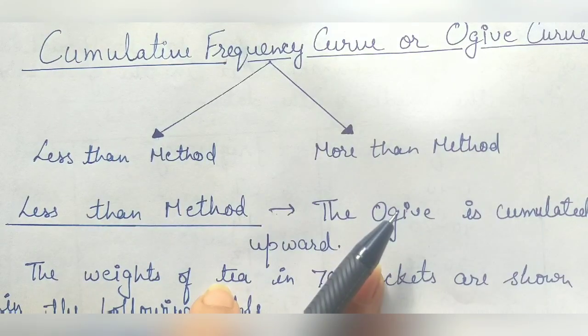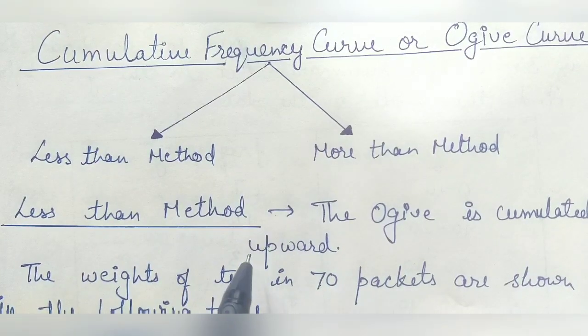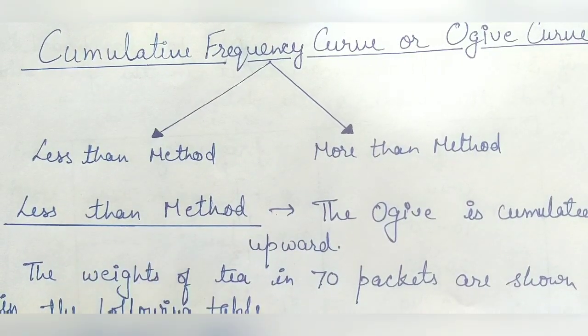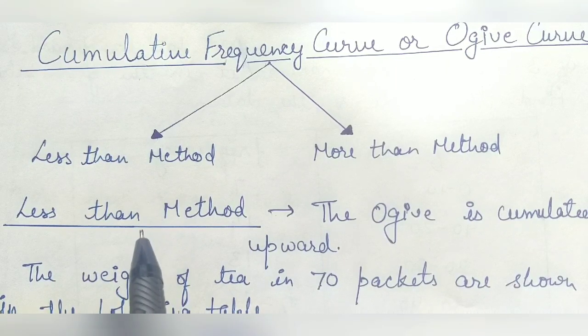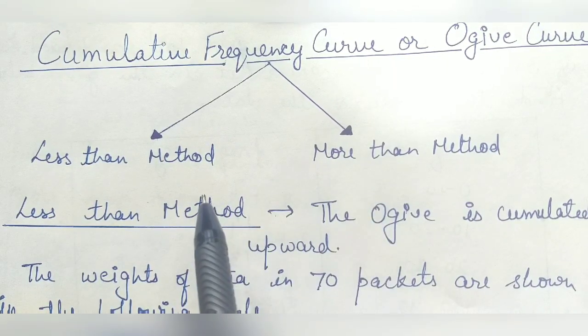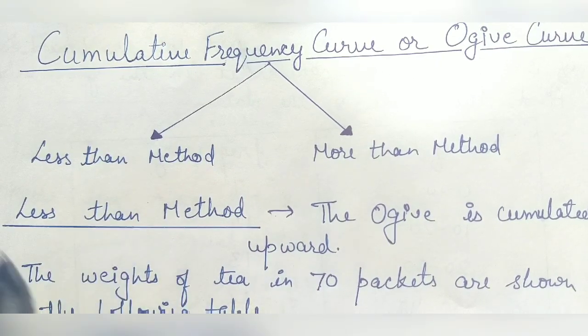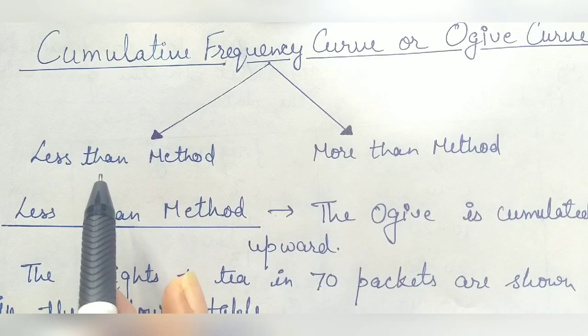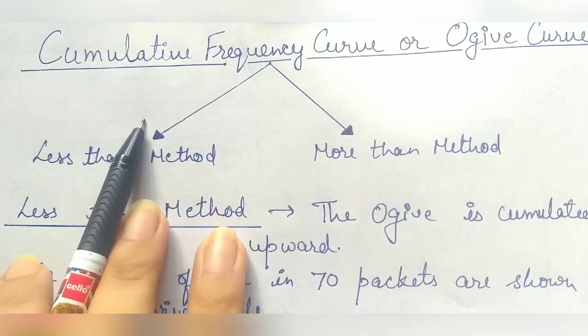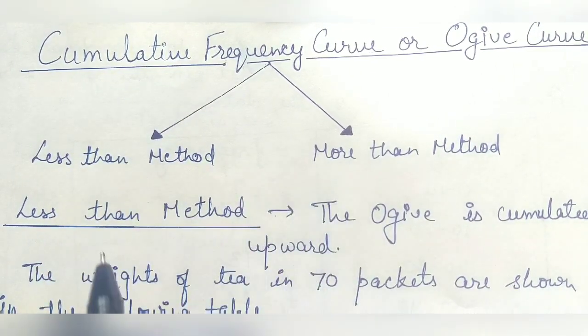In this method, scale the cumulative frequency along the y-axis and the exact upper limit along the x-axis. The scale along the y-axis should be such as may accommodate the total frequency. Plot these points on a graph and join them to get the less than ogive curve.